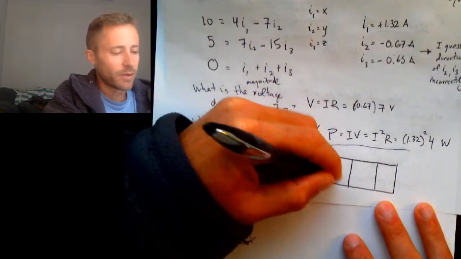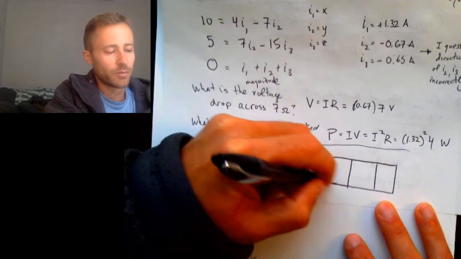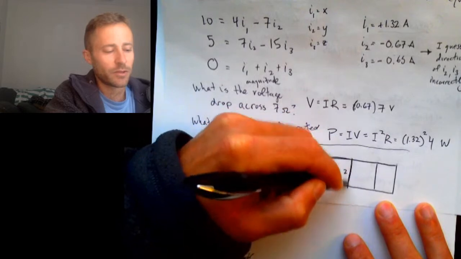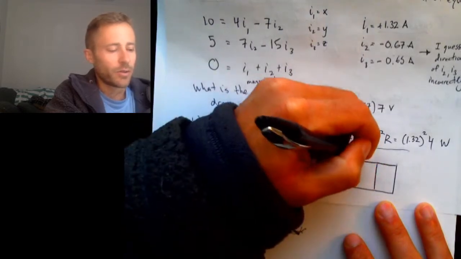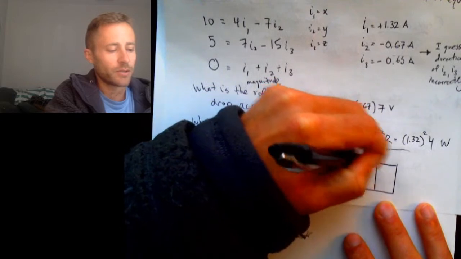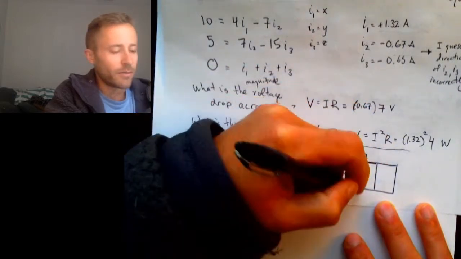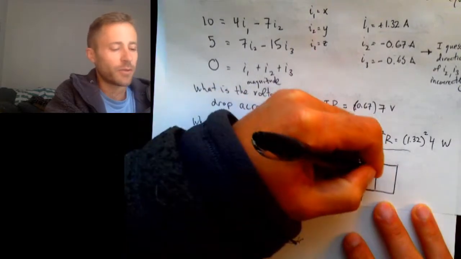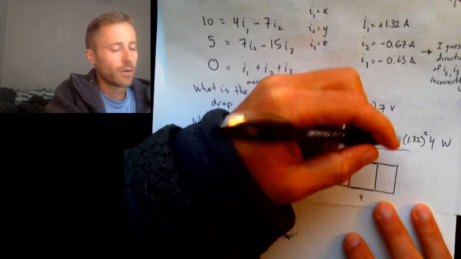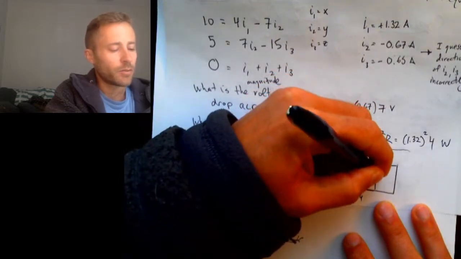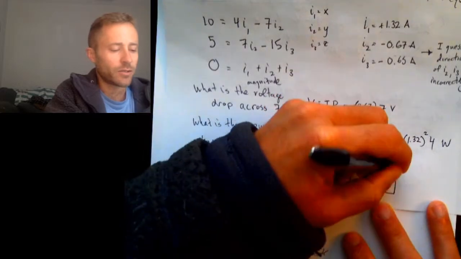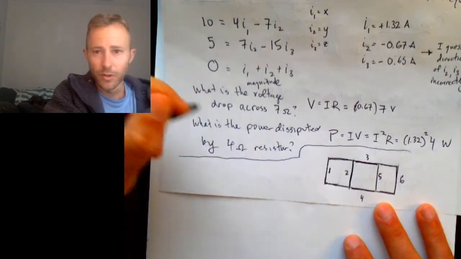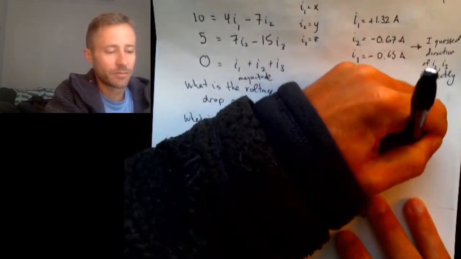Well, you would have one current for this branch, a second current for this branch, a third for this branch, a fourth, a fifth, and then a sixth current for this branch. So you would need 6 equations.